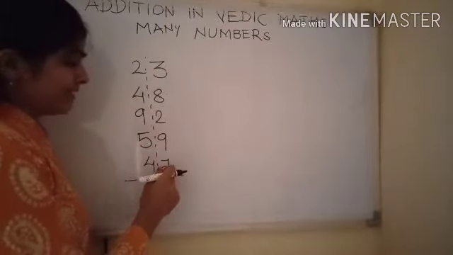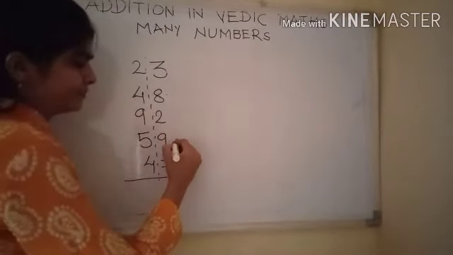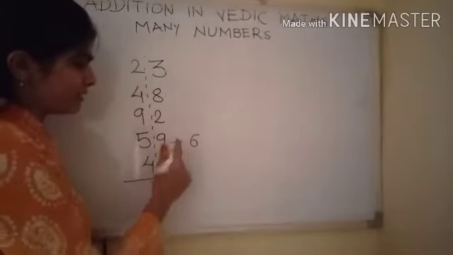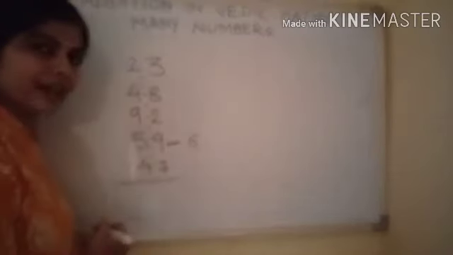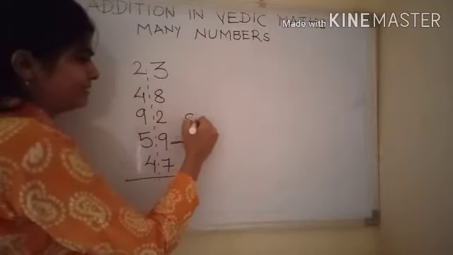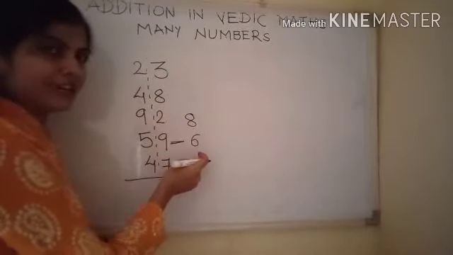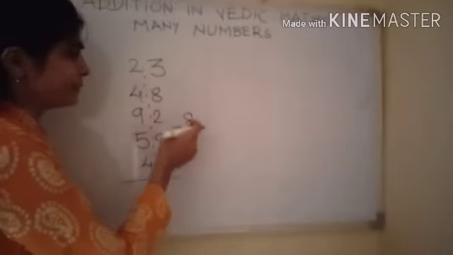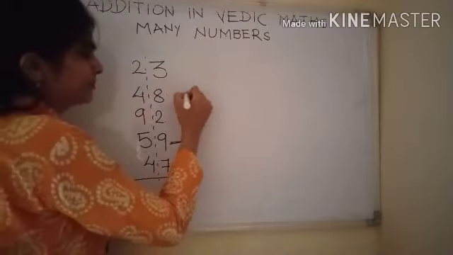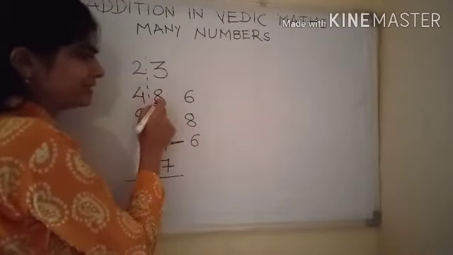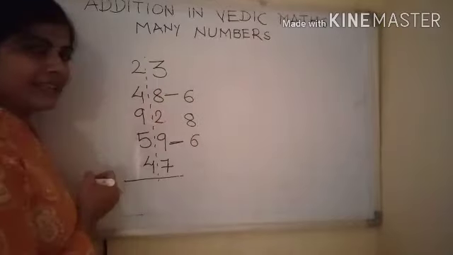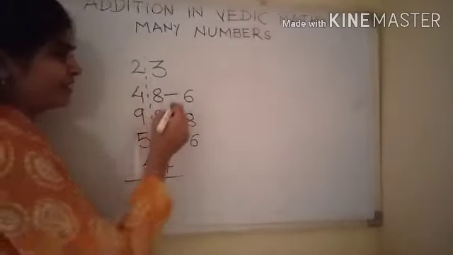Now 7 and 9, that is 6, but it is a carry combination, that's why I have put a hyphen. Now 6 and 2, that is 8. It is a non-carry combination, so no hyphen. 8 and 6, that is 4, and it is a carry combination, so keep a hyphen.